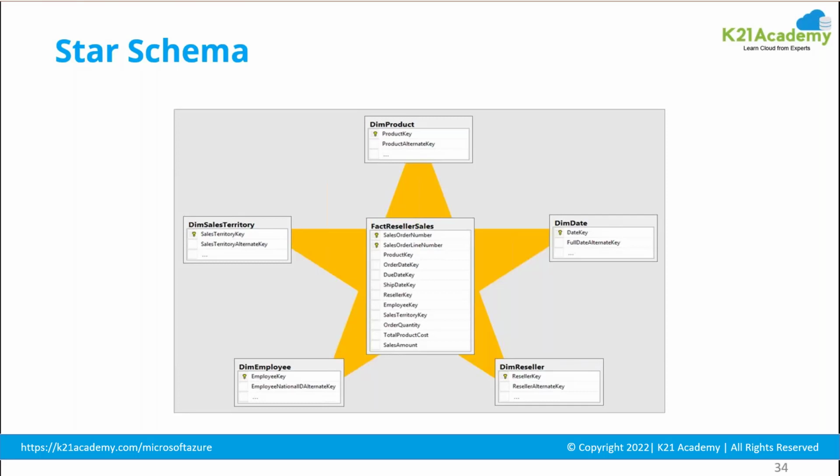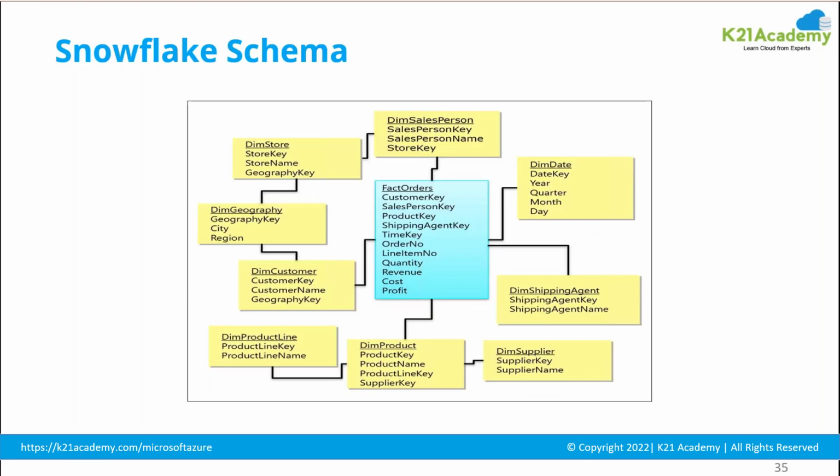If you have storage on your mind rather than performance, then you can go with a Snowflake schema, where your dimensions are partly normalized, partly denormalized. That will help reduce space needs. But here the cost of joining will be high, because when you probe any dimension, you have to go through multiple dimensions. Nonetheless, Snowflake schema is also one of the most prevalent schemas in data warehouse design in the Kimball model.